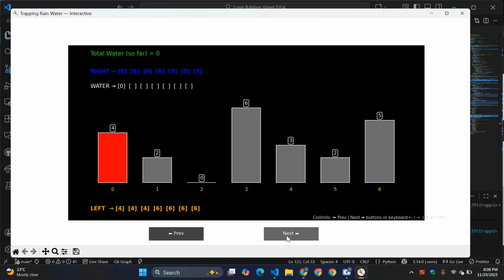Again the next time, of the left and right, the minimum is 4, and we subtract 2. Like this, we can do it at each point. Here also the minimum value is 4, we subtract 0, and we get 4. Here 6 is the minimum, so we subtract 6 from 6, it's 0.